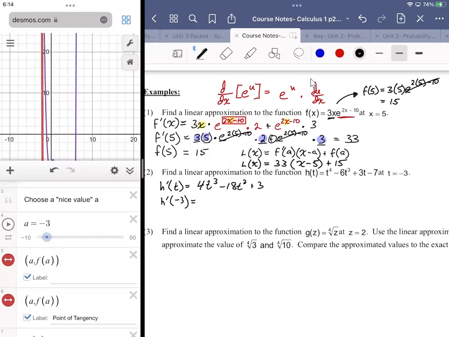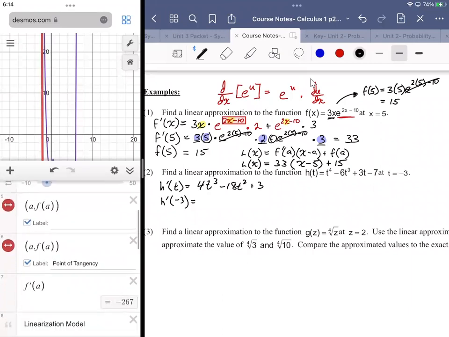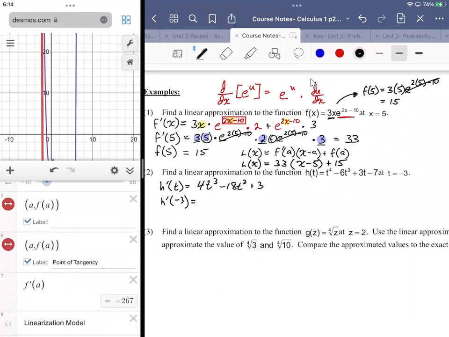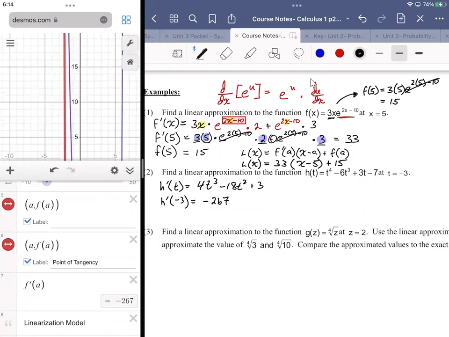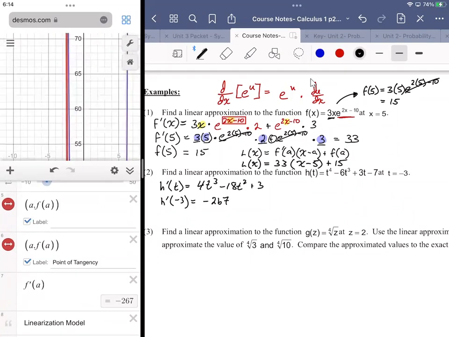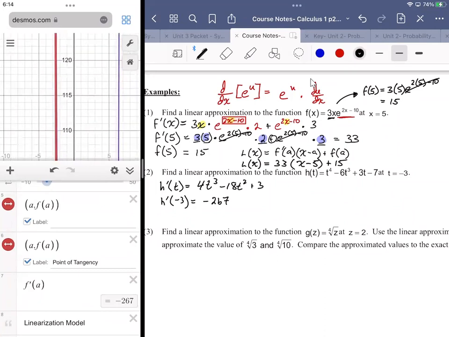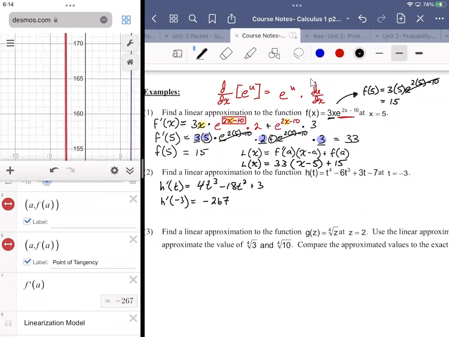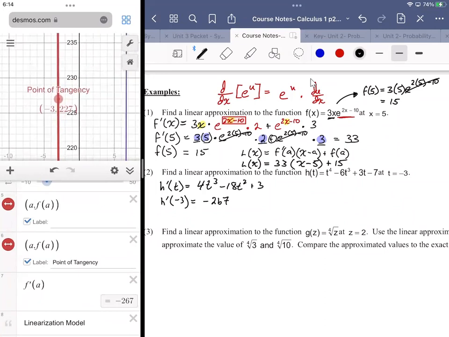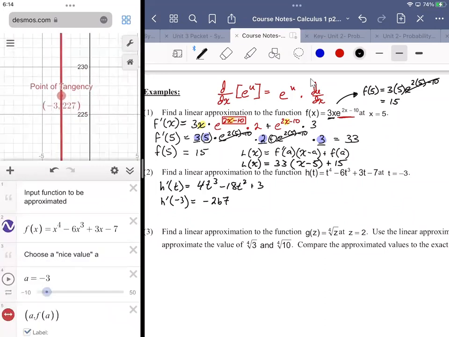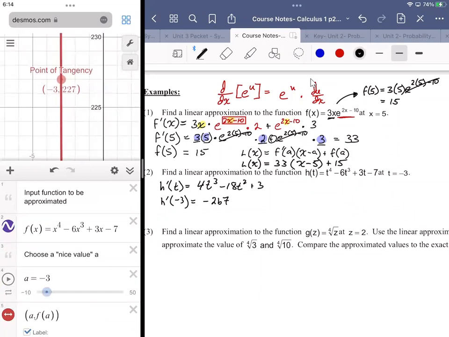Doesn't always want to land on it in the first shot. All right, I put my f prime of a there. That's going to be a -267. Now the numbers are a little crazy, but at -3, we're going to have a point of tangency that's somewhere up here, right? So that's a y value of 227.